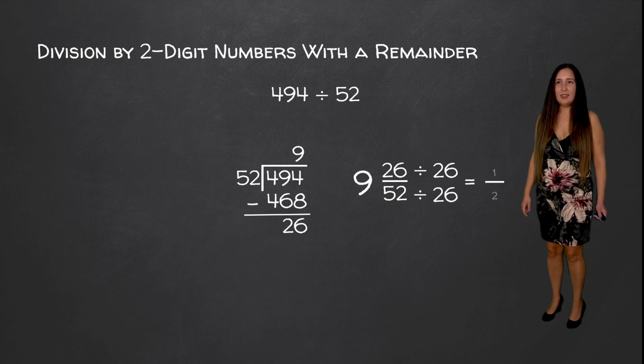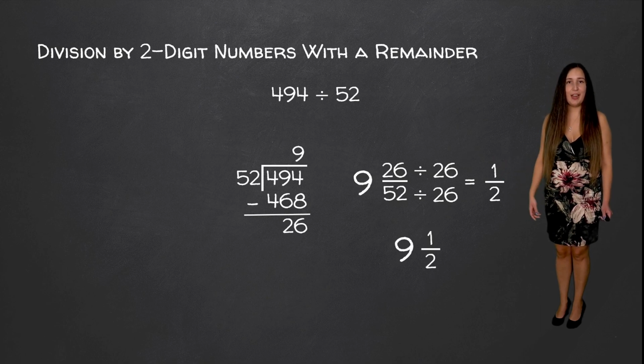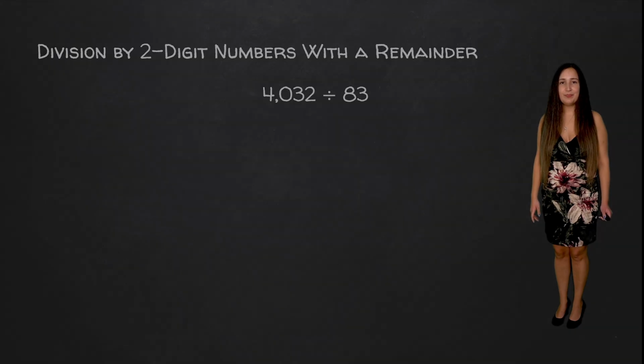Once we divide, we get a half because 26 divided by 26 is 1. And 52 divided by 26 is equal to 2. So 494 divided by 52 is equal to 9 and a half after we've simplified our fraction. All right? So if we're able to simplify, please make sure that you do.